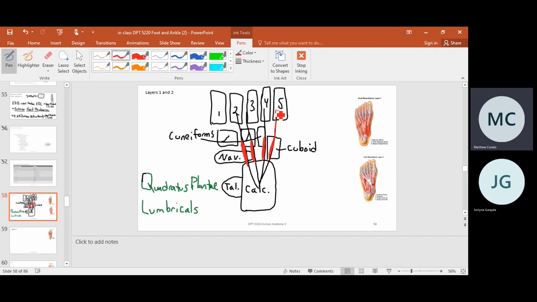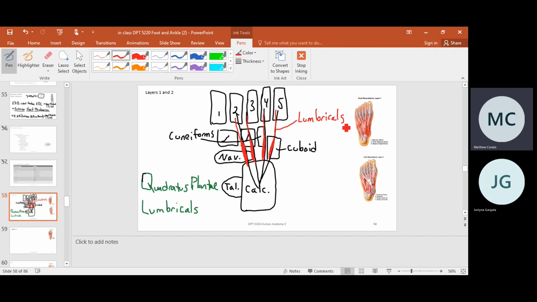And these little lumbricals are going to insert into that extensor hood. And they're going to have the exact same action that we saw in the hand. Remember, MP flexion, PIP extension. You guys remember that from last semester, right? That whole number.